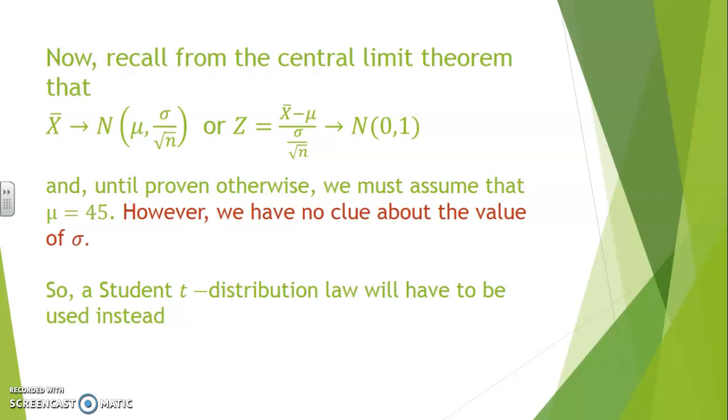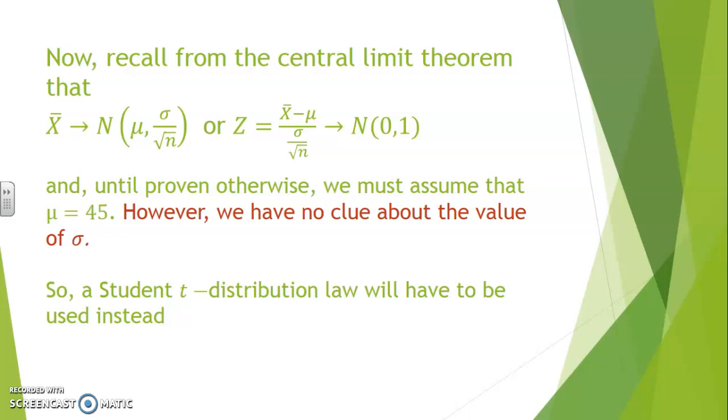Once again, recall from the central limit theorem that sample means are normal distributions with mu as their center and sigma over root of n as their standard deviation. A conversion to z would give us a standard normal law, where z would represent x bar minus mu over sigma over root of n, which is the standard deviation associated to x bar.